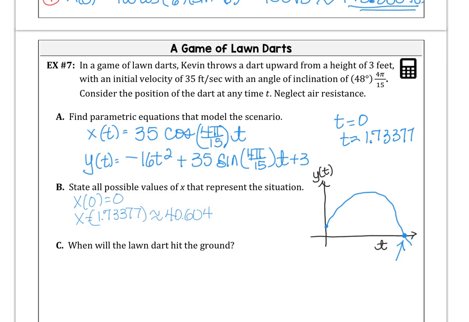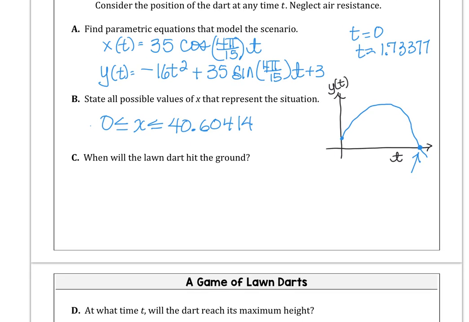So the possible values of x have to range between 0 and 40.604. So we know our x values go anywhere from the x of 0 to the x of 40.60414. And when will the lawn dart hit the ground?